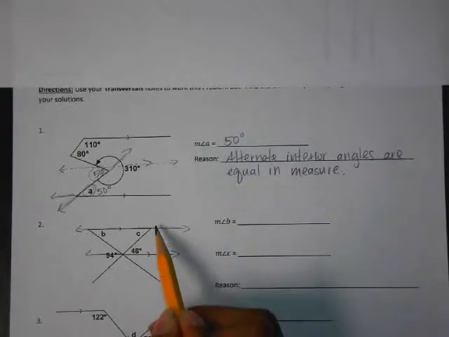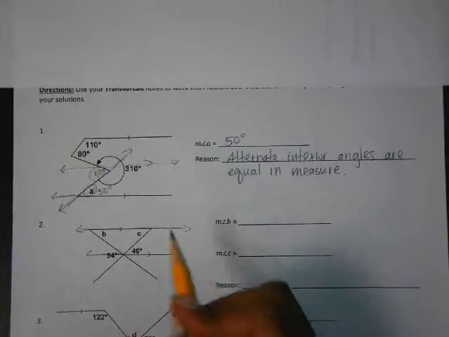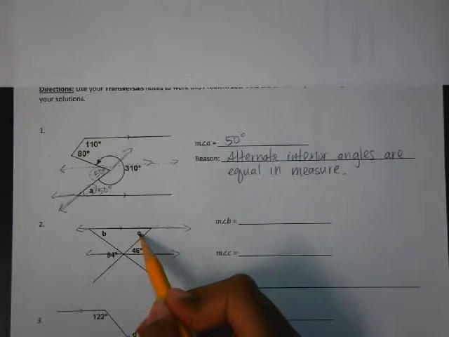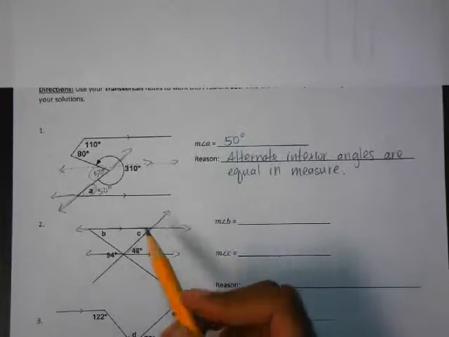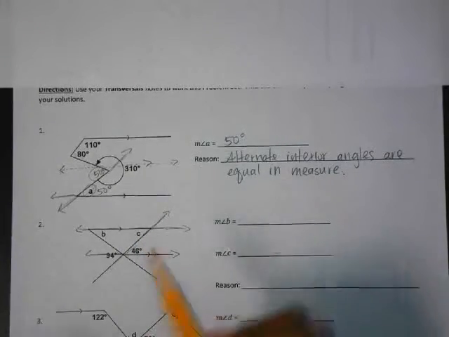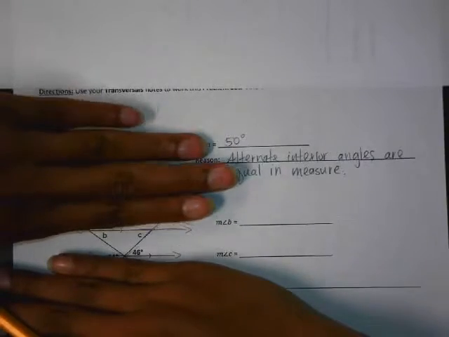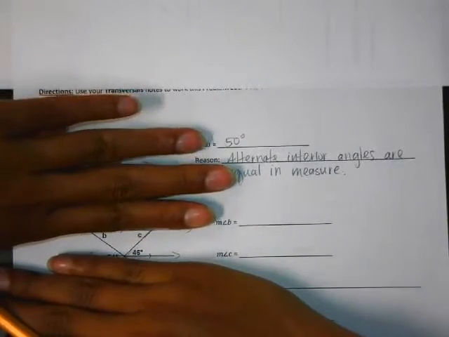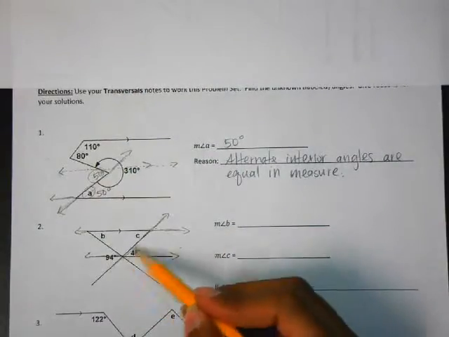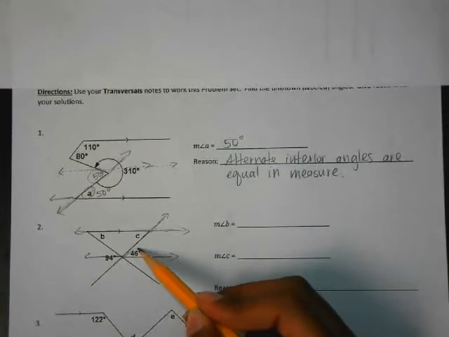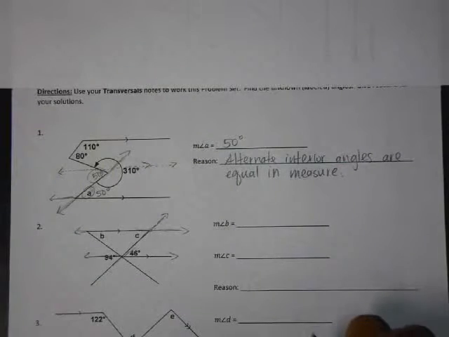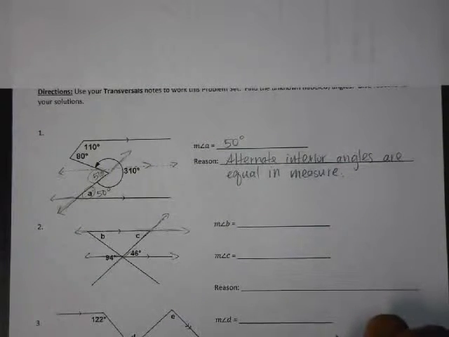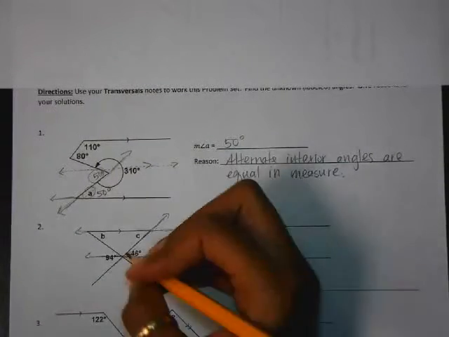These two are parallel. Now, when I see 46 and I see C, and this of course is my transversal cutting through them, I know that they're both on the interior or the inside of my two parallel lines. And related to the transversal, they're on alternate sides or opposite sides of the transversal. So since we know that alternate interior angles are congruent, C must be equal to 46 degrees.